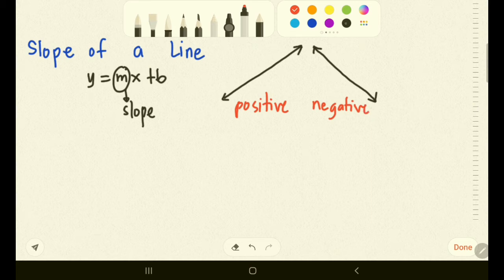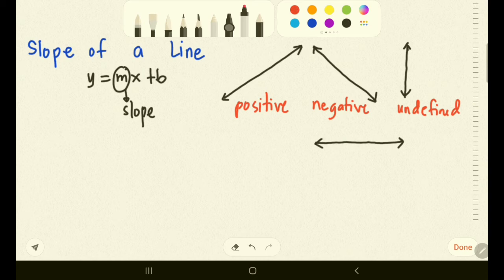But if the graph is this, actually you cannot determine the slope. So for this line, your slope is undefined. How about this? Actually, it's a straight horizontal line, just like you are walking on a plain road.